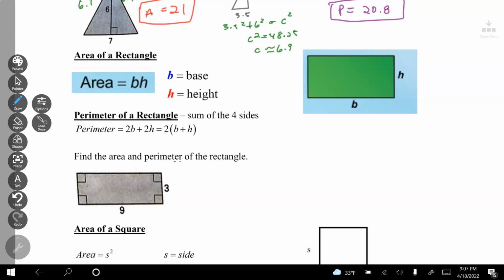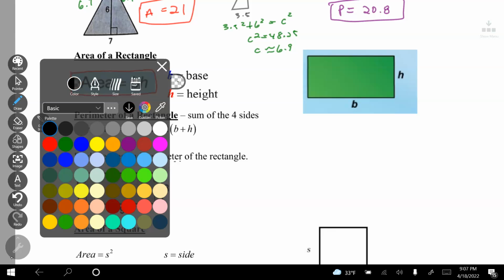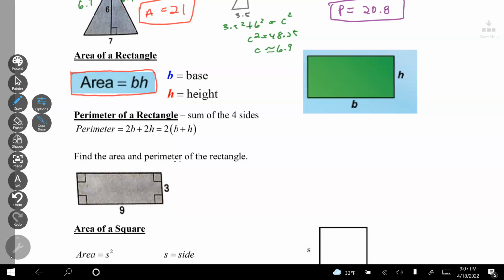And area of a rectangle, which we've probably done in this class earlier. Area of a rectangle, everyone knows length times width, or base times height. Because it's a rectangle, the height is perpendicular to the base. And really, if you look at this, we draw the diagonal of a rectangle.